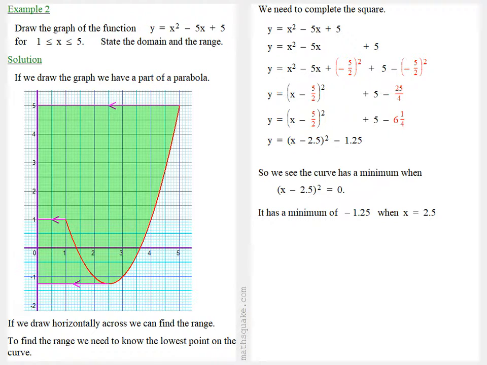So the curve has a minimum of minus 1.25, and that's when x equals 2.5. And so we can see from the graph that the function on the y-axis lies between minus 1.25 and 5, and that is the range.